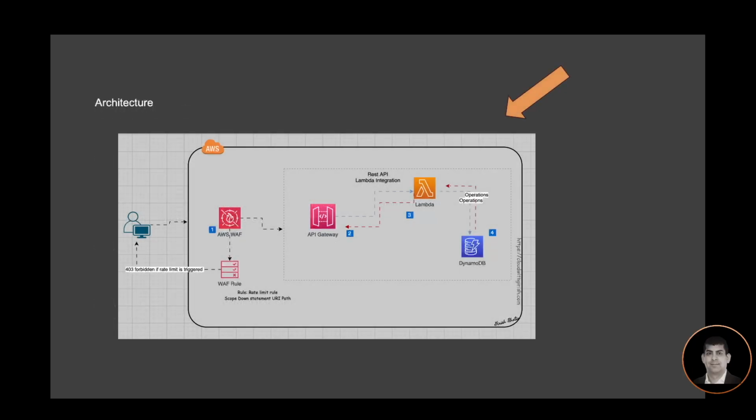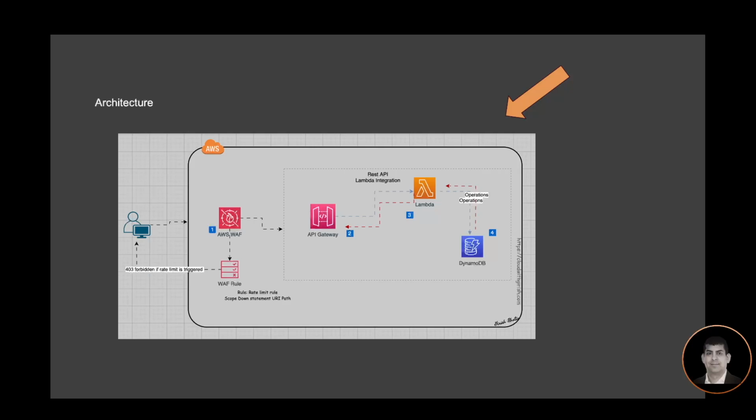We have the consumer that is invoking the API, which is hosted via AWS API Gateway, and it has a Lambda function integrated, and the Lambda function in turn is invoking a DynamoDB that has the contact related data stored. We are protecting the API endpoint using the AWS WAF, and we have a rate limit rule applied.